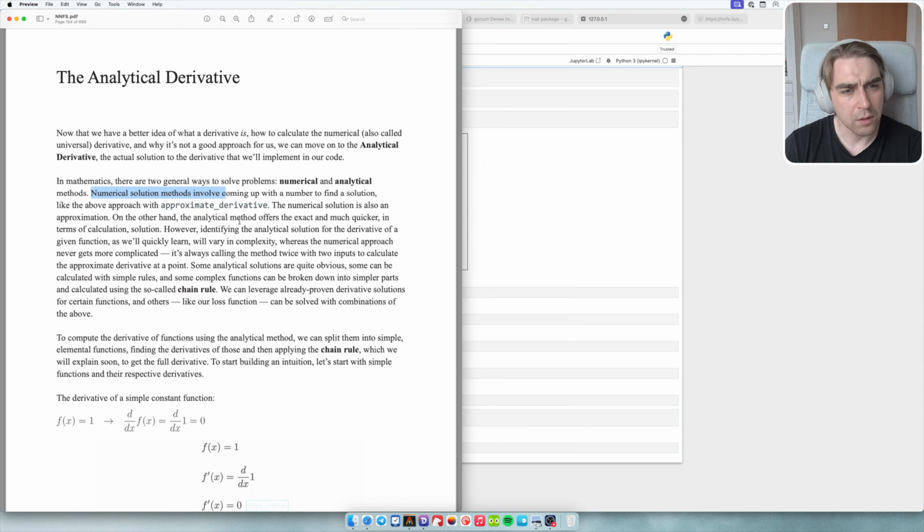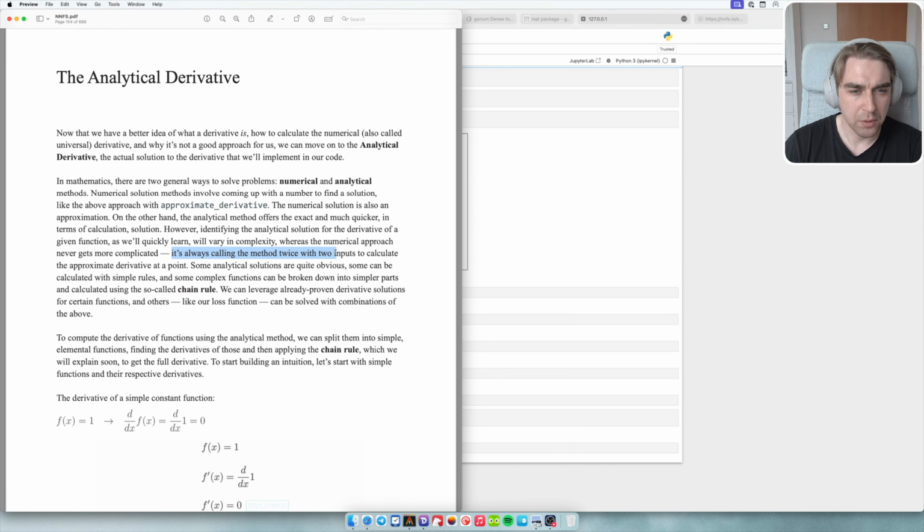On the other hand, the analytical method offers the exact solution and is much quicker in terms of calculation. However, identifying the analytical solution for the derivative of a given function will vary in complexity, whereas the numerical approach never gets more complicated. For example, right now we just calculated for a simple quadratic function, but if it were a system of functions and the functions were of a way higher rank, that could get way more complicated pretty fast.